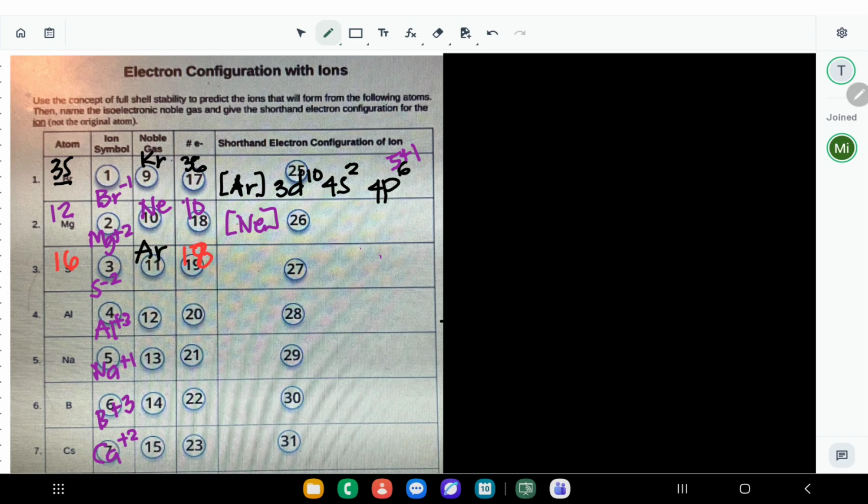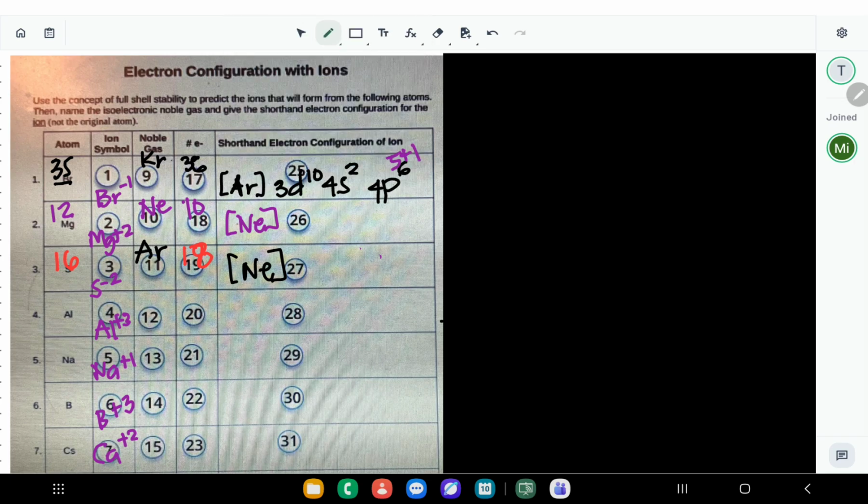But what is the noble gas right before sulfur? That one we will use for the configuration. Neon. Okay, so we will use neon. Neon has 10 electrons, right? And then we have 18, so 18 minus 10 is 8, so we're left with 8.